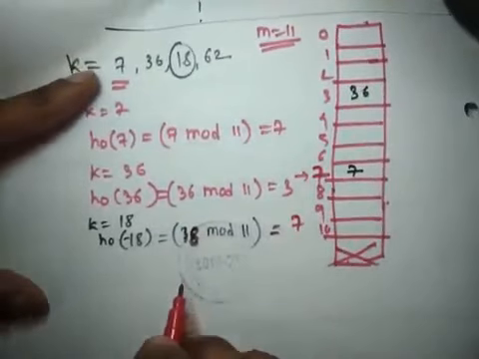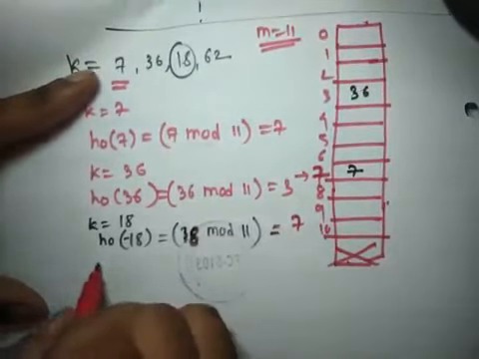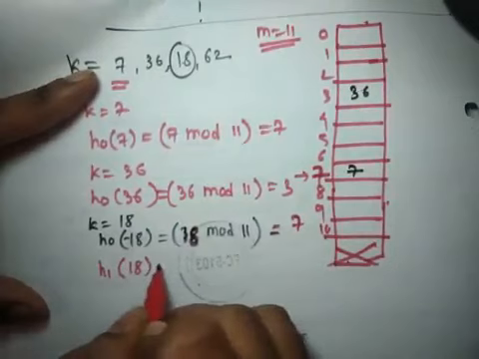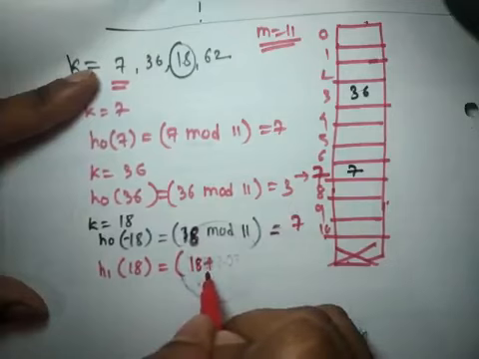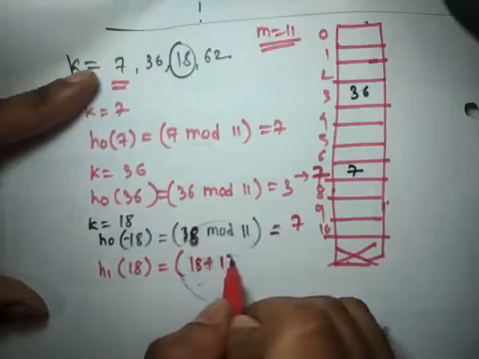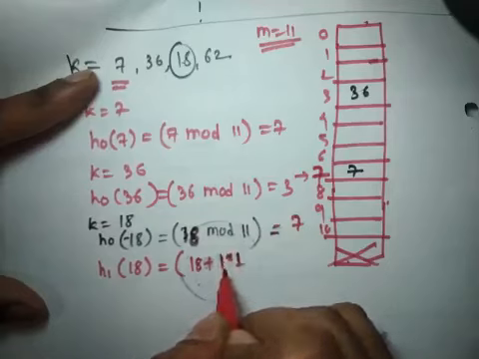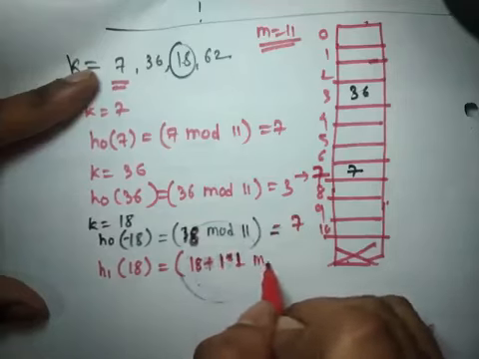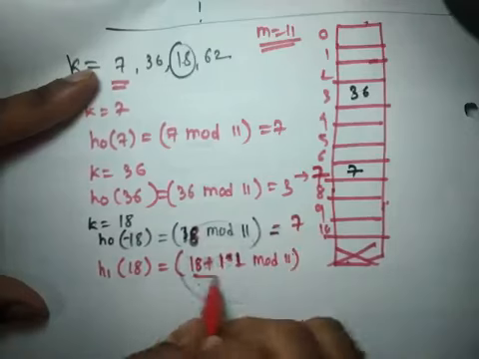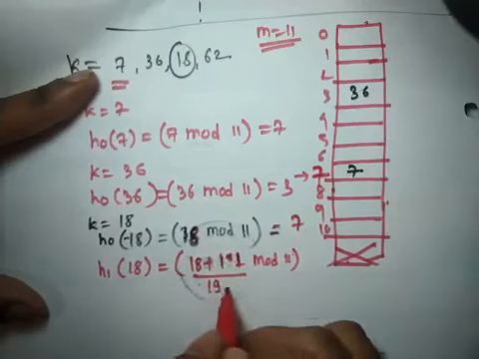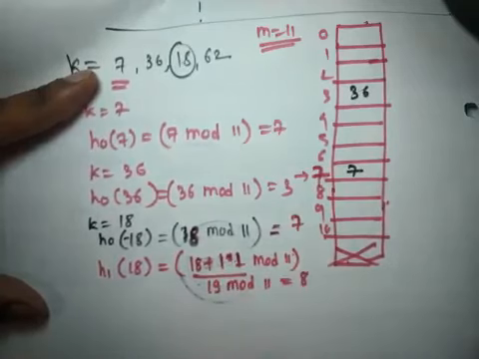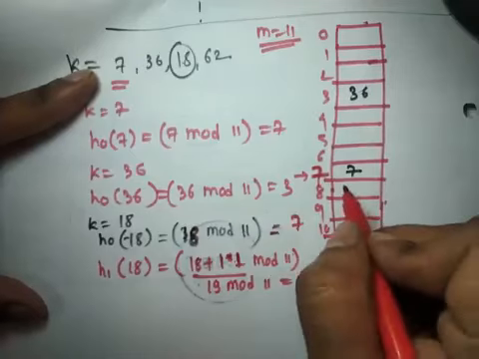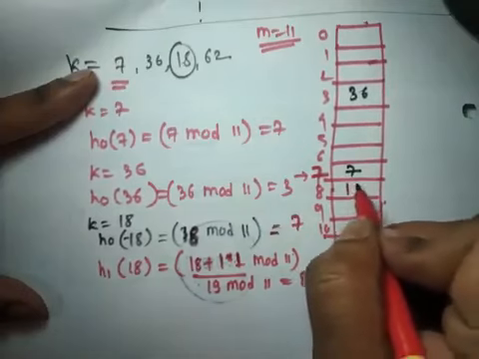Then we are going to use quadratic probing. In quadratic probing, for h1 of 18 is equal to 18 plus 1 raised to 2, mod 11. So 1 squared is 1, so 19 mod 11 will produce index location 8. So at index location 8, we are going to store the element 18.